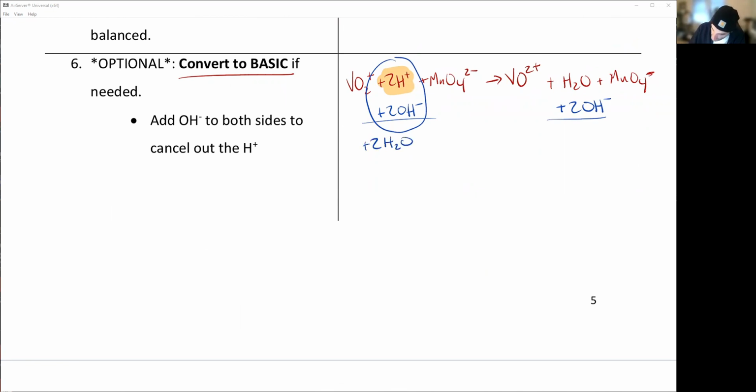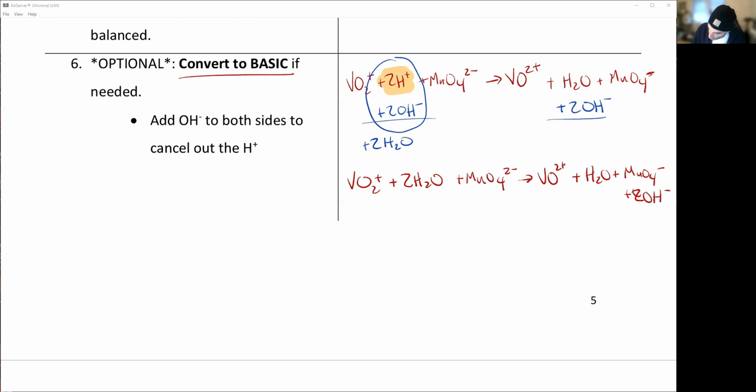And so now if I write it out, and I'm just doing this in extra steps and I shouldn't really need to, plus 2 waters that I just made, plus MnO4 2 minus yields VO2 plus 1 water plus MnO4 minus plus 2 hydroxides, OH minus.